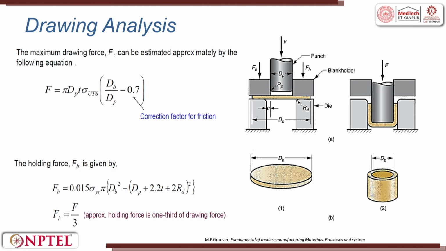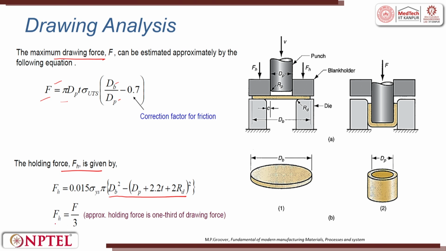Now to calculate the forces, certain relations such as F is equal to pi times dP into T into the ultimate tensile stress times the difference between the ratio of the billet and punch diameters and 0.7, that is maximum drawing force, and holding force is 0.015 times the yield strength into pi times this relation.